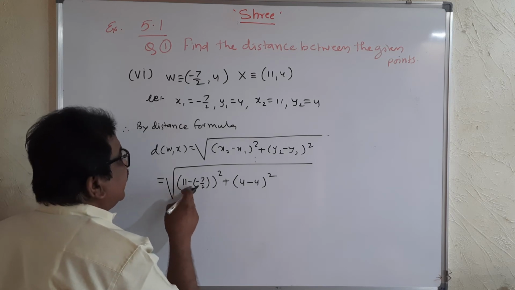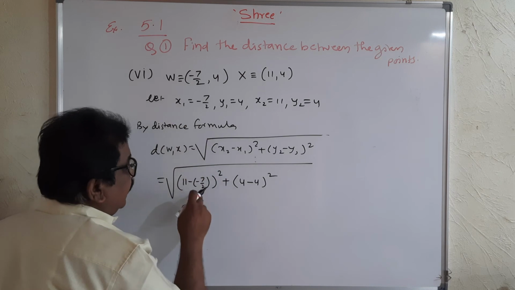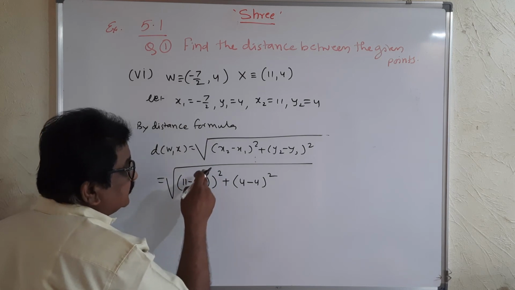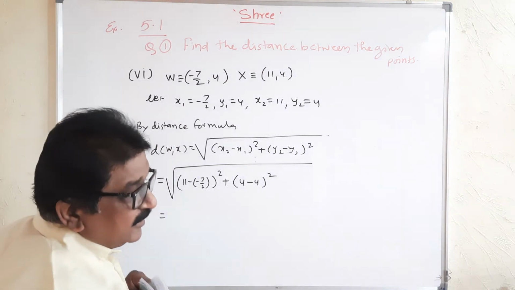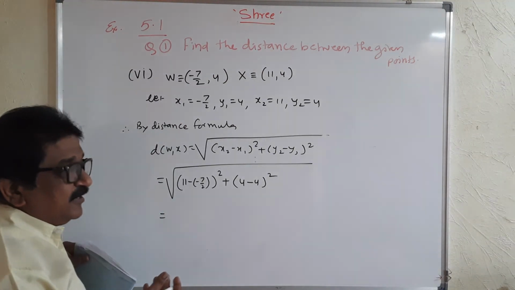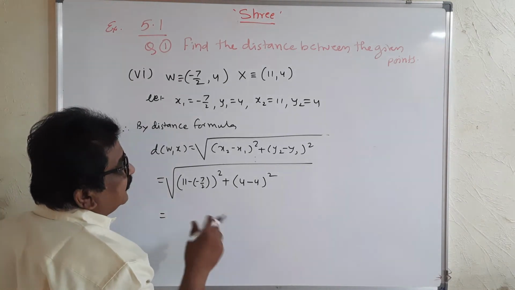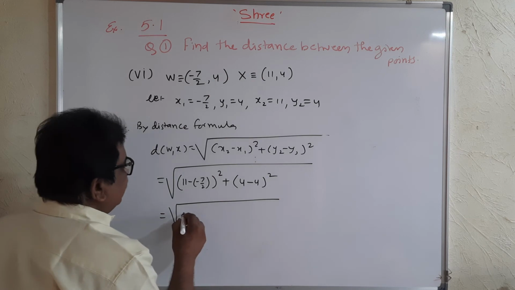So 11 minus of the formula, minus of the coordinate, minus 7 upon 2 the whole square. So you have to be very careful about who is x1 and x2. At this age it is happening with us, so it may happen with you also. Be careful.